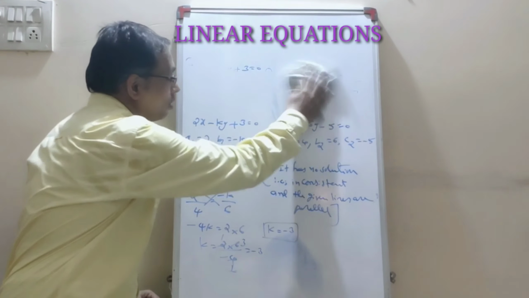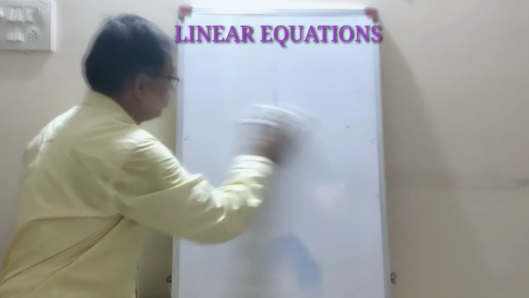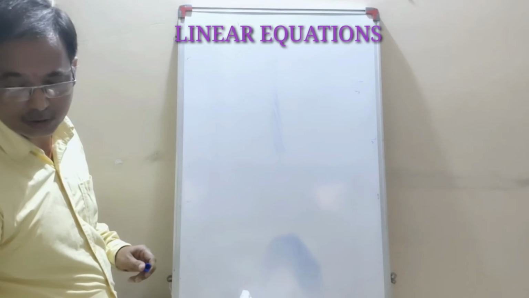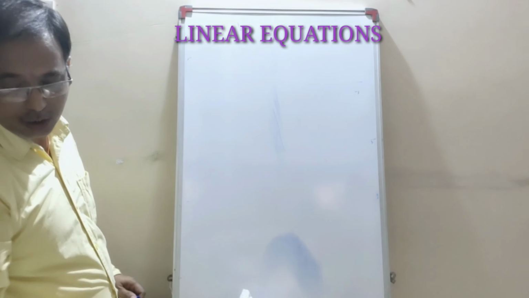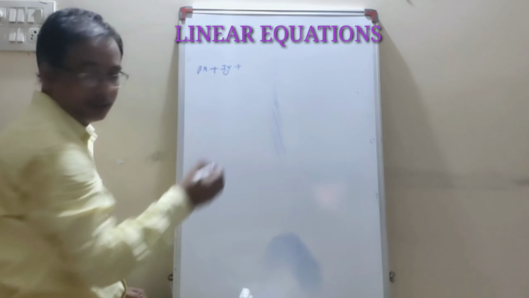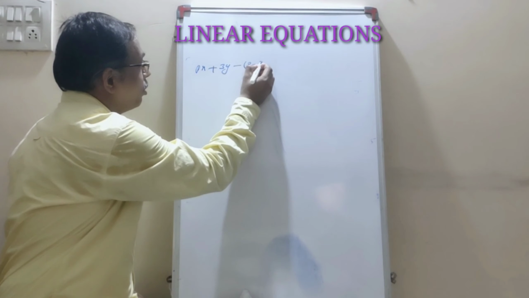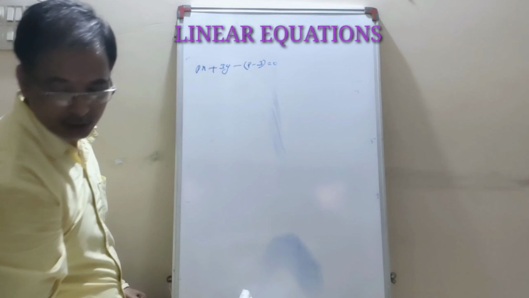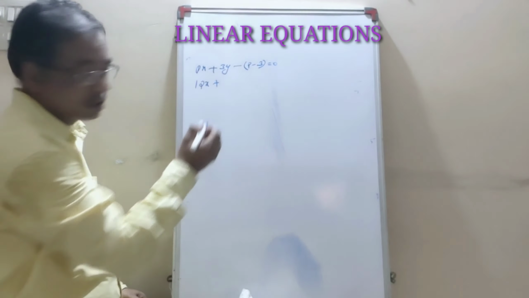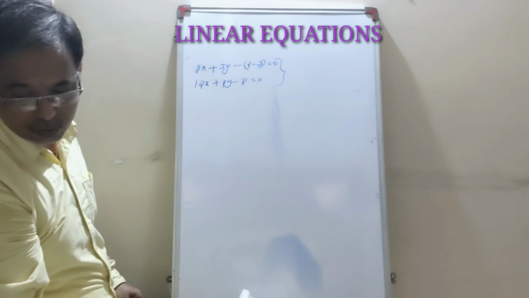Next, the next one is: if the two lines px plus py minus of p minus 3 equal to 0 and 3x plus py minus b equal to 0, and the system has no solution.